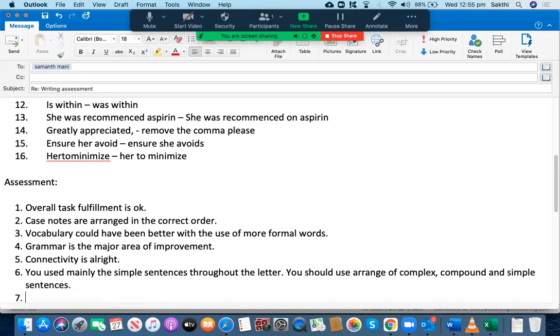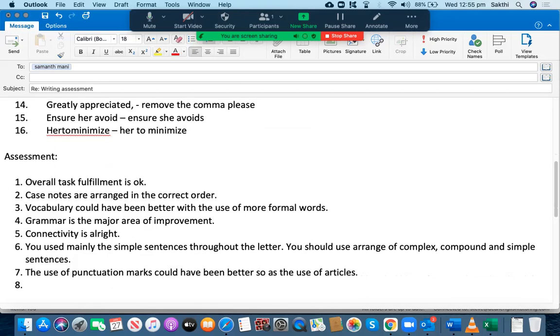Okay. The use of punctuation marks could have been better. So is the use of articles. You need to give spaces between words because sometimes they look clumsy, they look together, it's not good. All right. What else?